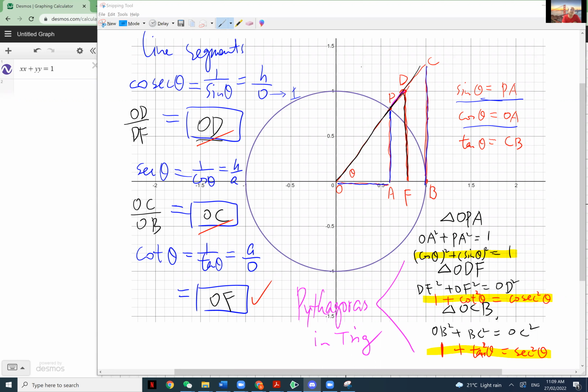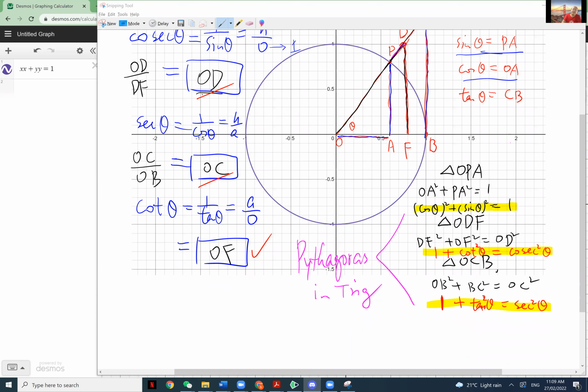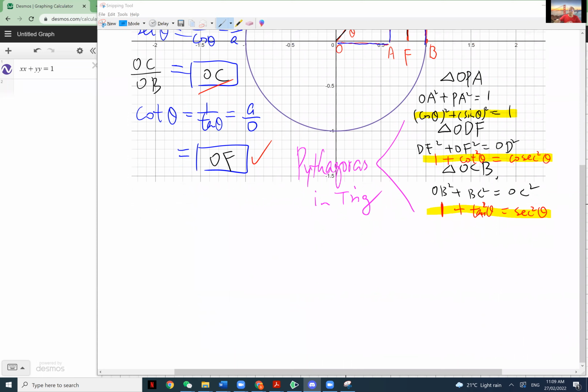Now, just learn the 3. We try to prove one identity. Prove, like in AS, you prove identity.